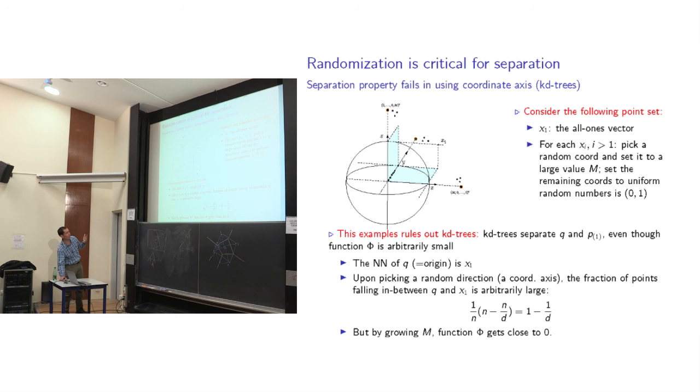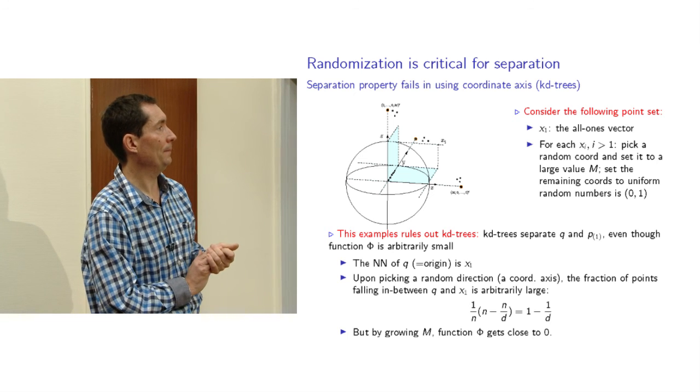The expected number is 1 over n, the number of points, and all the points which are not along the axis which has been chosen, all these points, they are going to project between q and x1. And so this fraction is 1 minus 1 over d.